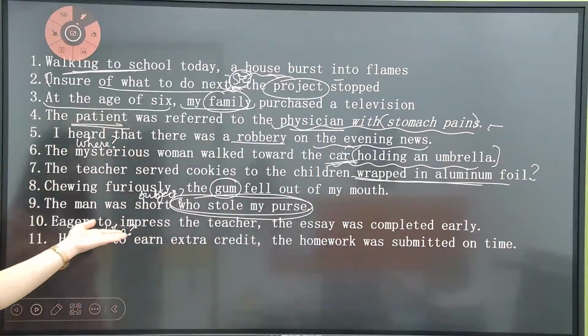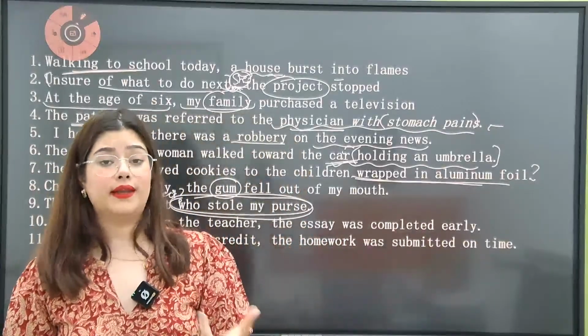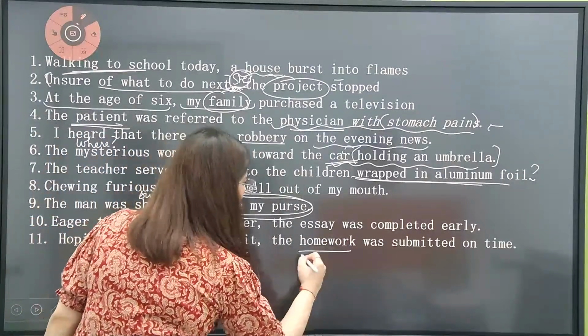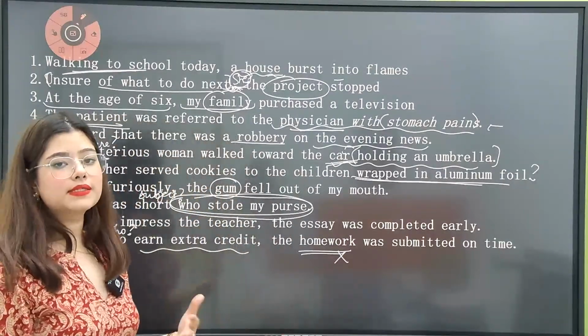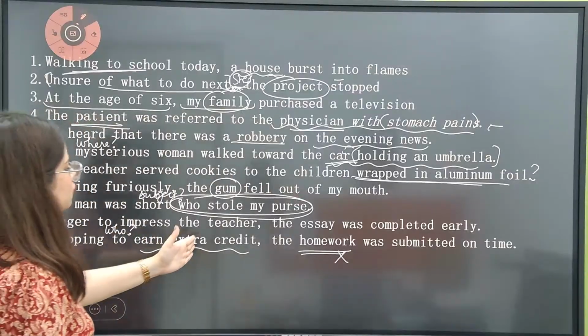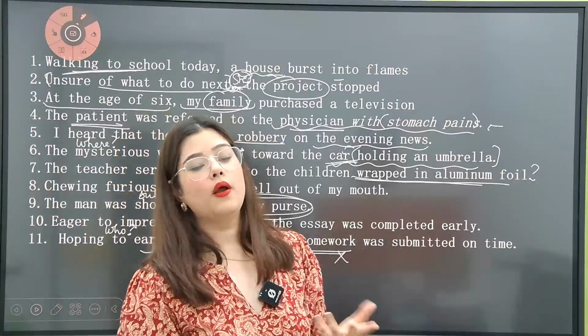Similarly, hoping to earn extra credit, the homework was submitted on time. Who was hoping to earn extra credit? Homework? No. Probably some student. So, hoping to earn extra credit, the student submitted the homework on time.